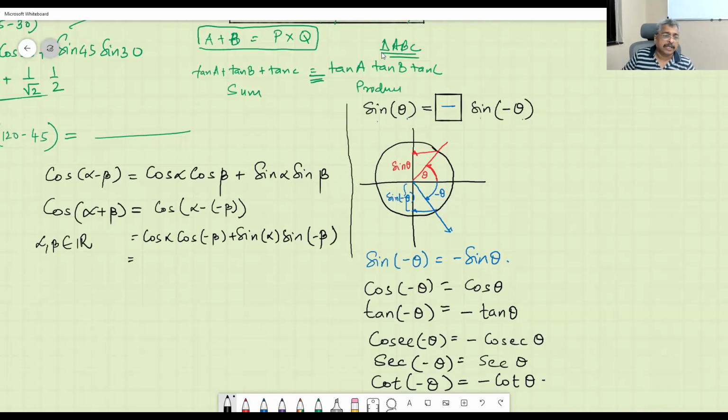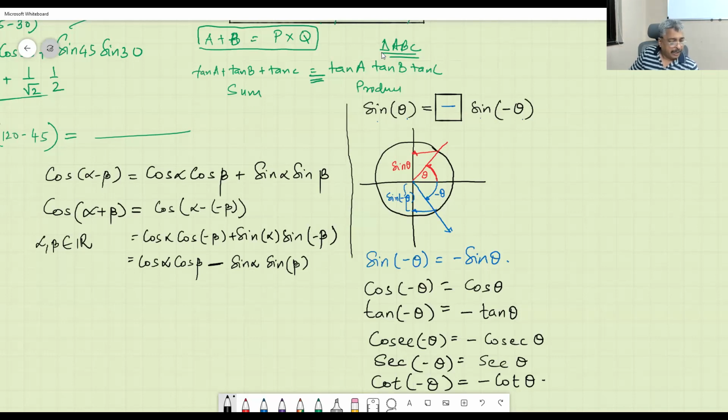Okay. Next step is cos of alpha. Cos of opposite of beta is cos beta, we have just now proved. Sine of alpha, sine of opposite of beta is minus sine beta. So this is the formula for cos alpha plus beta.